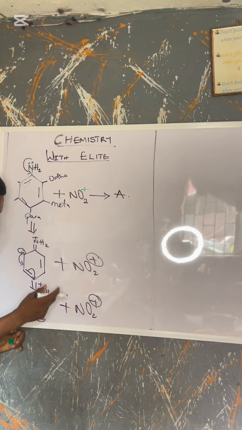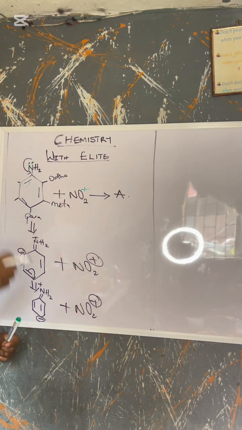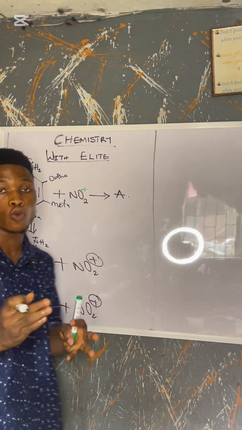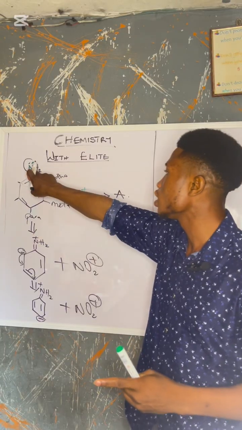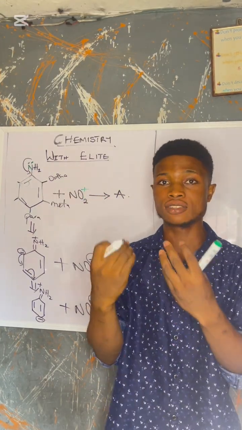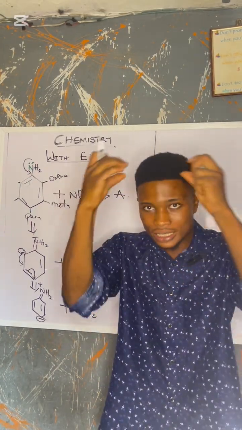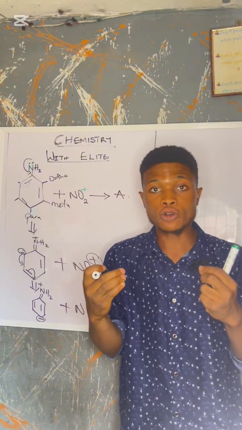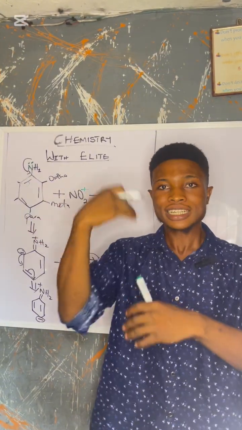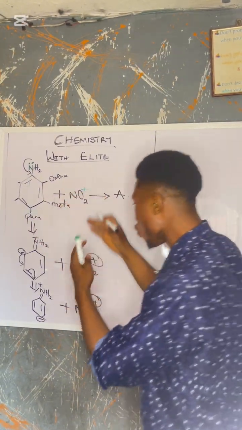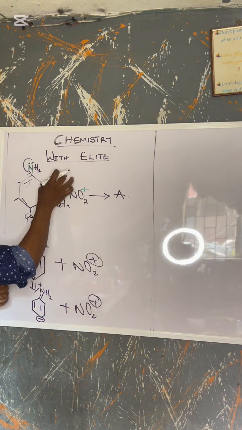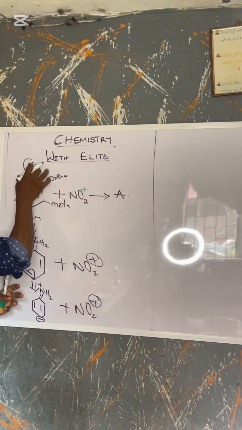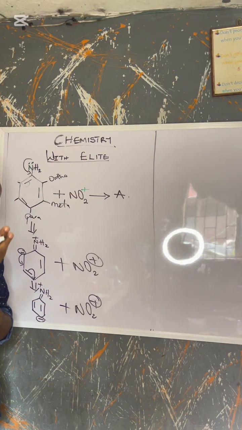So because of this, you can see no matter how we continue moving it, the negative charge will always fall on the ortho and the para, since the group that we have here is an activator. An activator is that group that can give the cyclic compound the electrons that it has. So if I continue moving this, you realize that where the negative charge falls will always be on the ortho and on the para, since it's an electron donating group.